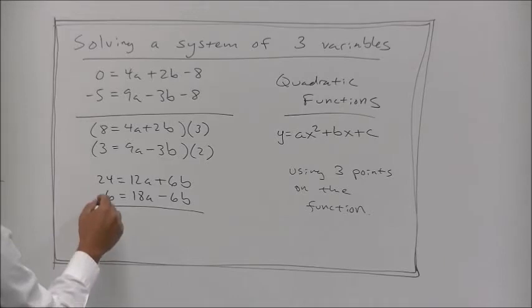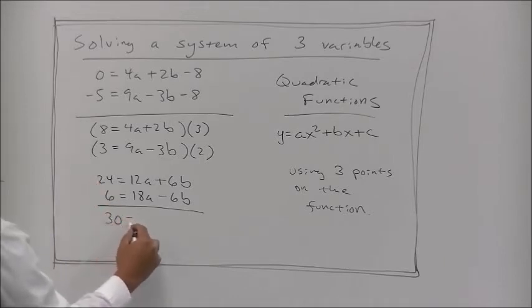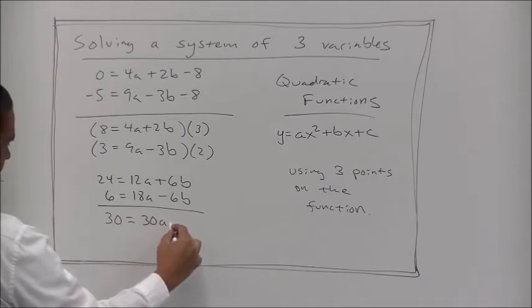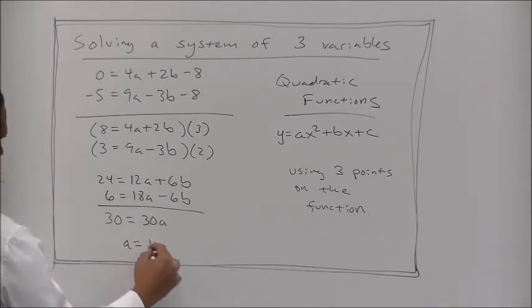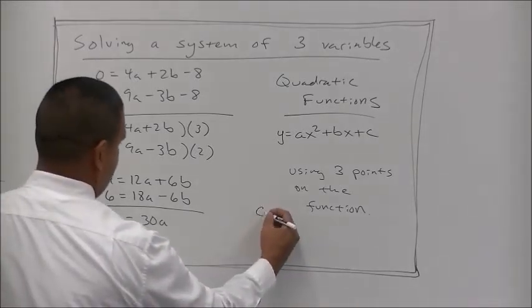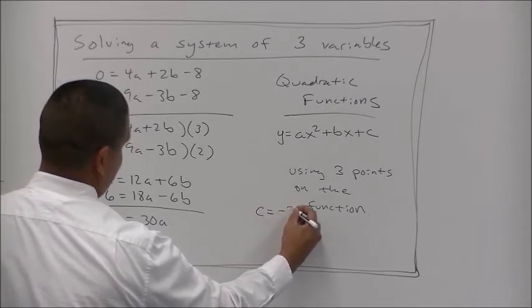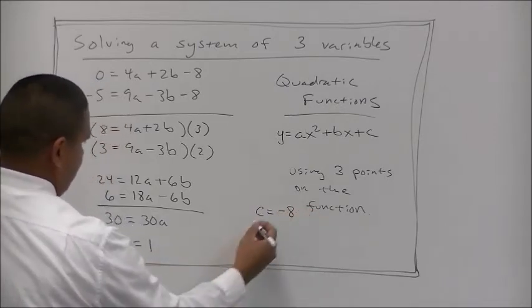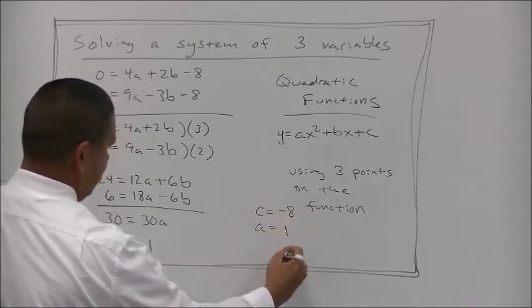So what does that give us? A equals 1. So earlier we found that c equaled negative 8. We just found that a equals 1.